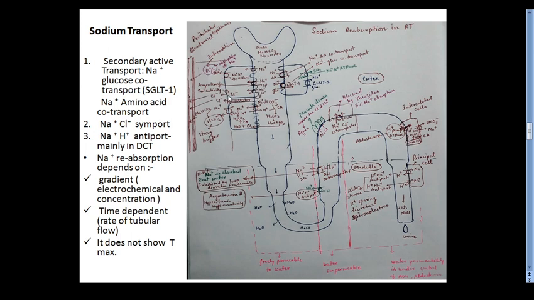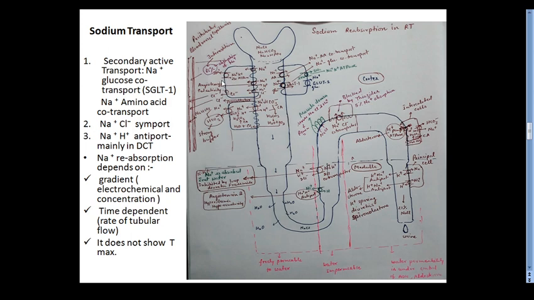On the basal side of the renal tubule, there is a channel called sodium potassium ATPase, and it is the channel which utilizes energy actively. This channel is continuously throwing 3 sodium ions into the interstitial space and taking in 2 potassium ions into the tubular cells.